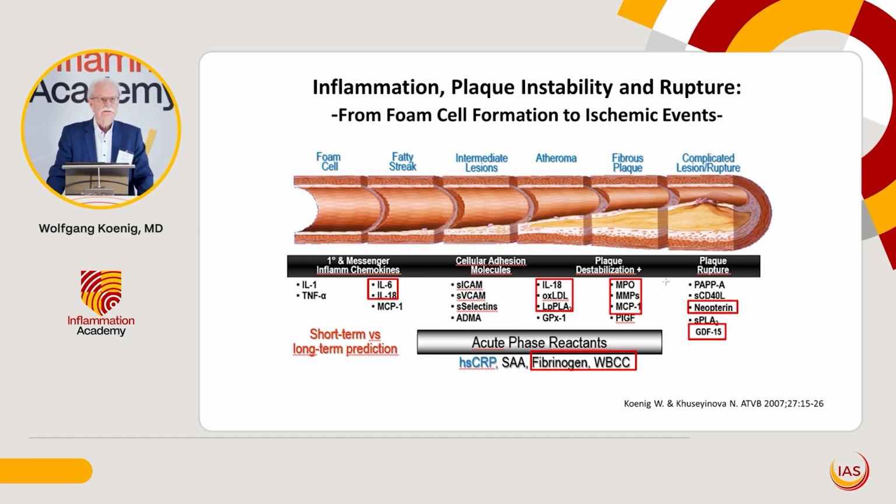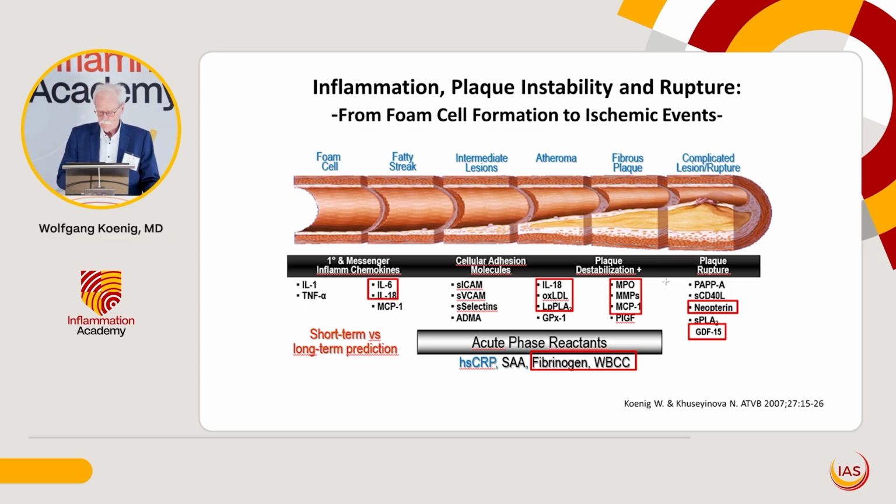Now what's very clear is that in addition to the local process of atherosclerosis, an inflammatory process in the vascular wall, we have a low-grade systemic inflammation that we can measure with high sensitivity assays. And for the sake of time, I have to select some of these that you see on this slide.